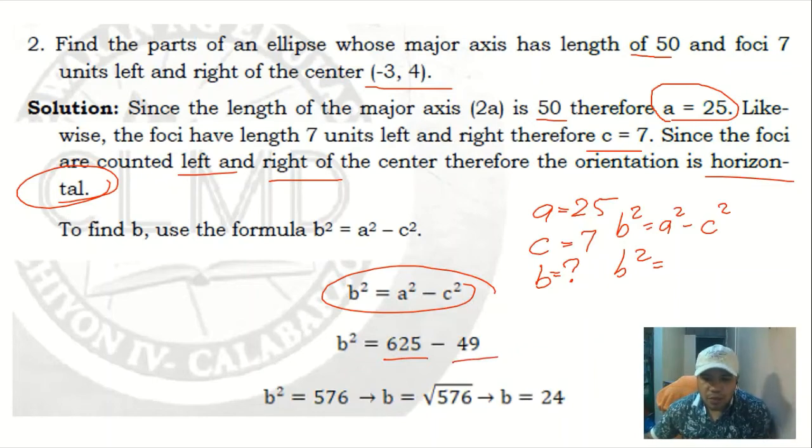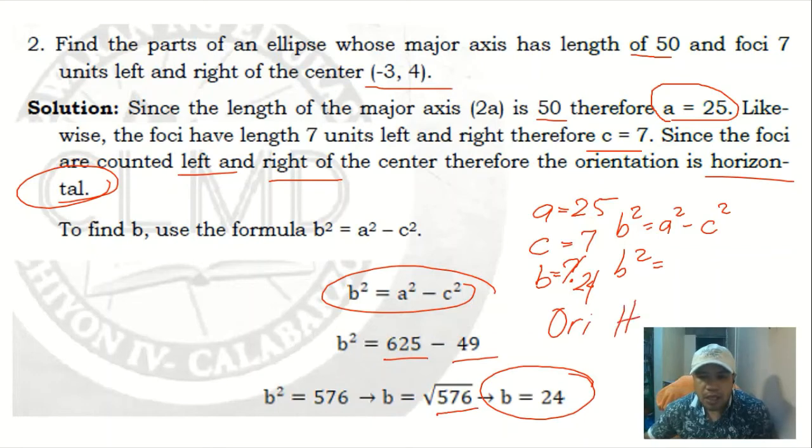So 625 minus 49 is 576. Square root of 576 is 24. So the value of B is 24. Then ang orientation natin ay horizontal and center is in negative 3, 4.